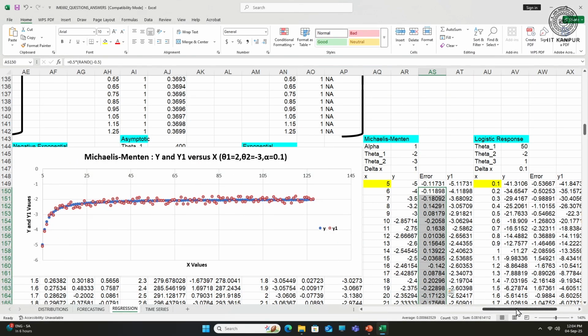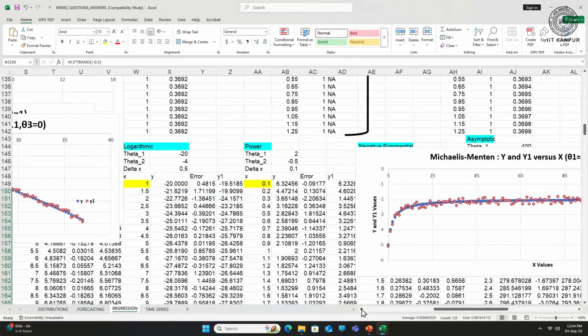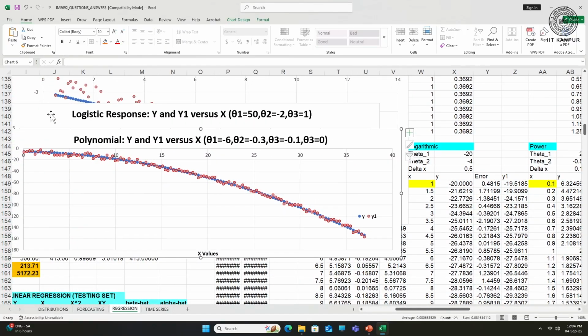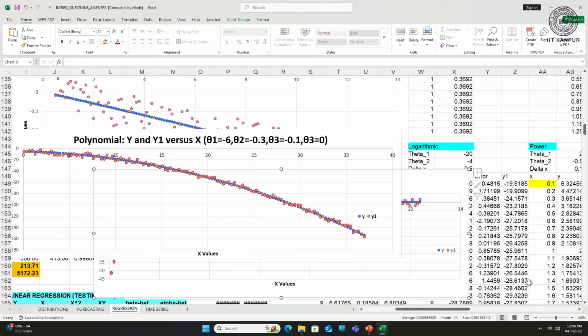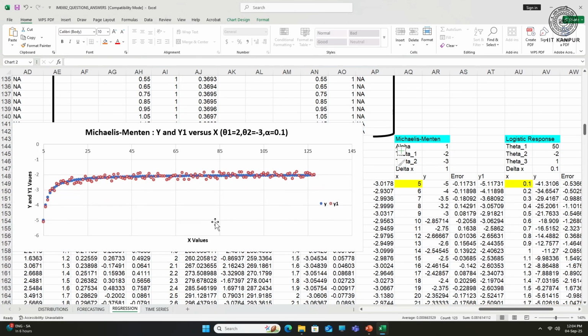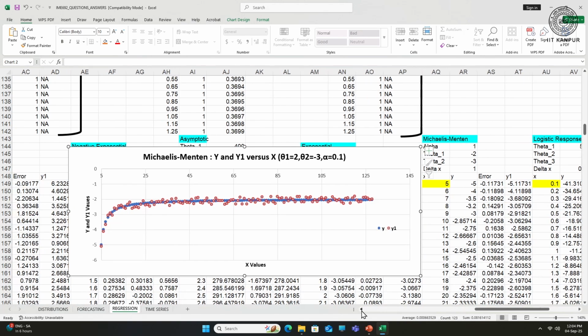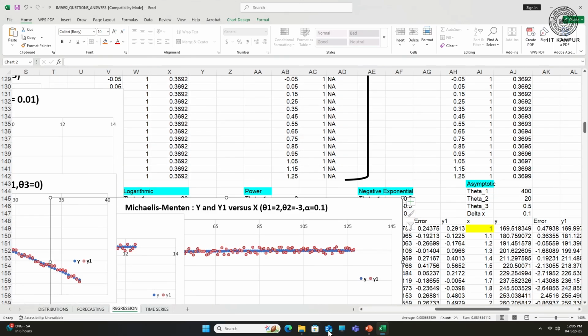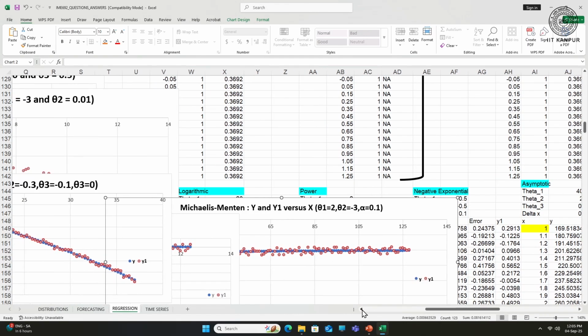We are going to discuss the logistic regression. So, let us take the logistic regression graph first. This is the one. We will move the Michaelis-Menten model here on to the left.